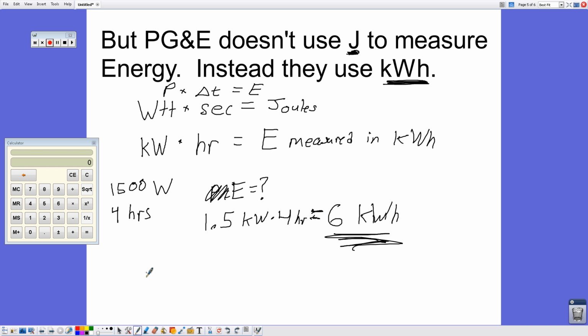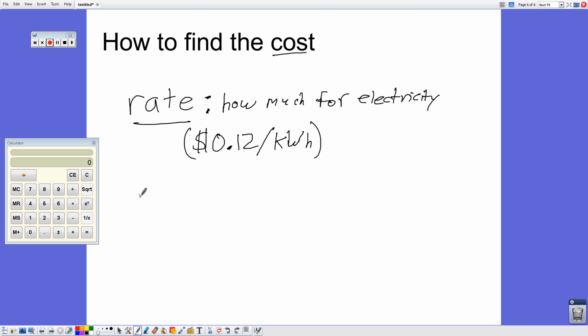We got 6 kilowatt hours. To find the cost, how much money I'm going to have to pay, I'm going to take the number of kilowatt hours, and I'm going to multiply it by the rate. And that'll give me total money.